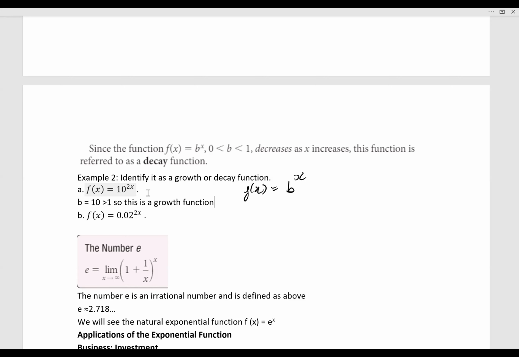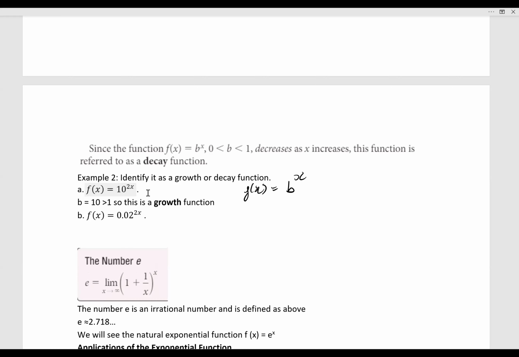I want to make sure you know that the variable in the power is 2x. That's similar to the general form of the exponential function. And because the base is greater than 1, this is a growth function.